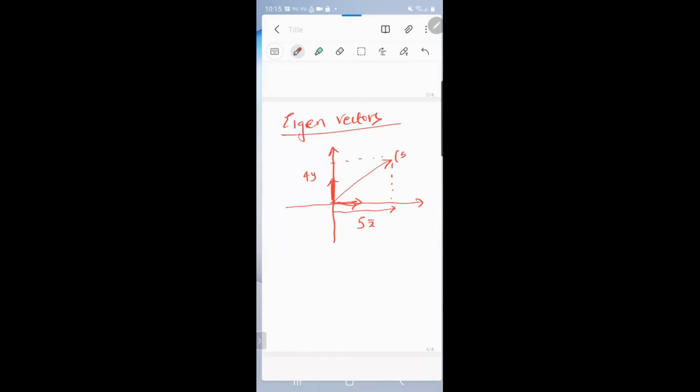So this is (5, 4), right? So you've already used eigenvectors, but they were just simply called the coordinate system. Your x-axis and y-axis are the eigenvectors for this particular transformation, which is simply written down like this. So for this matrix, the eigenvectors are just (1, 0) and (0, 1).